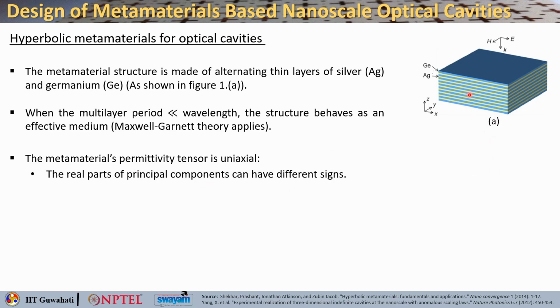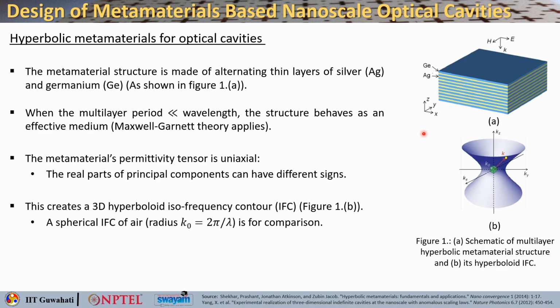So, this metamaterial's permittivity tensor will be uniaxial, because along the two parallel directions, x and y, they will experience the same kind of permittivity, epsilon parallel, and along the z direction you will have a different permittivity, which is epsilon perpendicular.